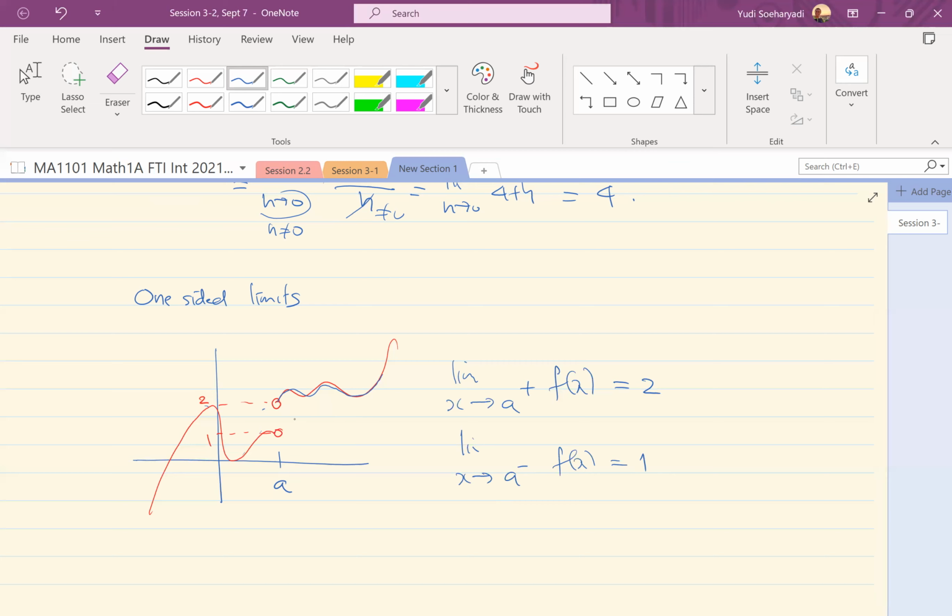And the value of a can be somewhere else. For example, here. And f of a is 3. Right, so three numbers. So the observers from the left and right don't agree, and the value of the function is also different.